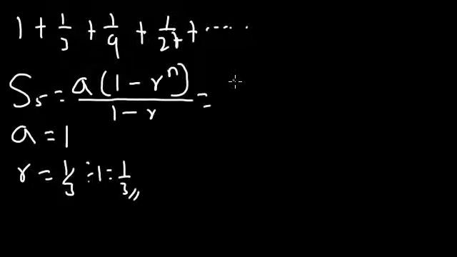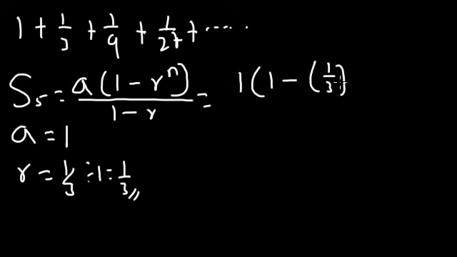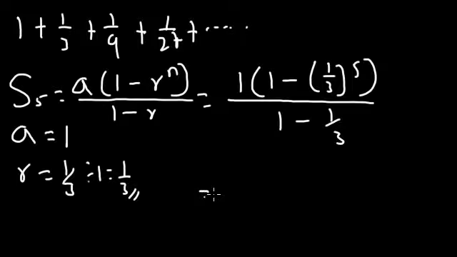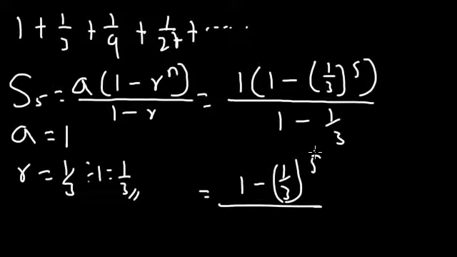So upon substitution, we have the value of a to be 1 times 1 minus the common ratio, which is 1 over 3, to the power of 5, which is the value of n, divided by 1 minus 1/3. So this simply equals 1 times 1 minus 1 over 3 to the power of 5, divided by 1 minus 1/3, which gives us 2/3.